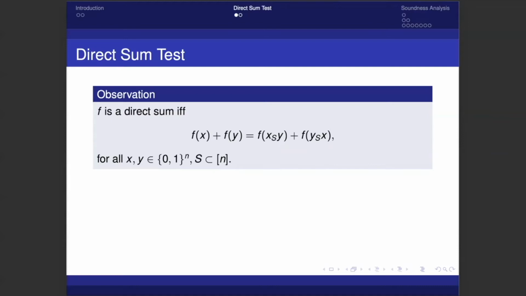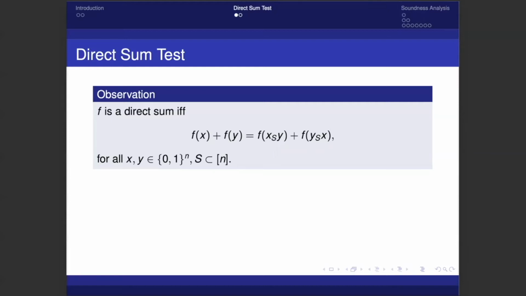And y_S x is the string that matches y on the indices in S and x on the remaining indices. So it should be clear that if f is a direct sum, then this equality holds. And it turns out that the other direction holds as well. And this is a simple exercise to check.